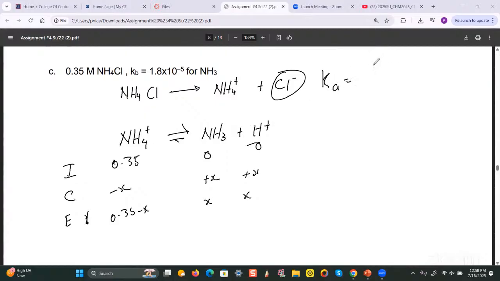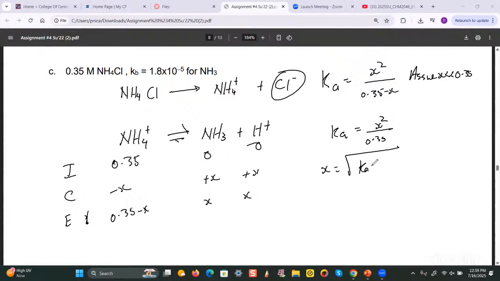That would be equal to X squared over 0.35 minus X. We assume that X is much less than 0.35. So therefore, this simplifies to Ka is equal to X squared over 0.35. And then we find X, which is equal to the square root of Ka times 0.35.